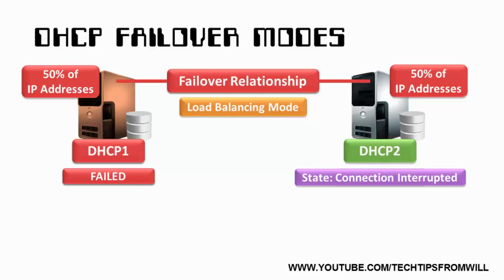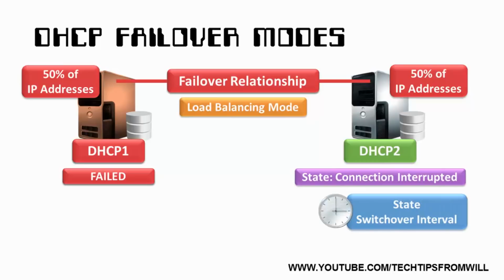When DHCP Server 2 enters the connection interrupted state, a countdown is started, called the state switchover interval. The state switchover interval dictates the amount of time which must pass before the server transitions from the connection interrupted state to the partner down state. The length of the state switchover interval can be configured by the administrator.